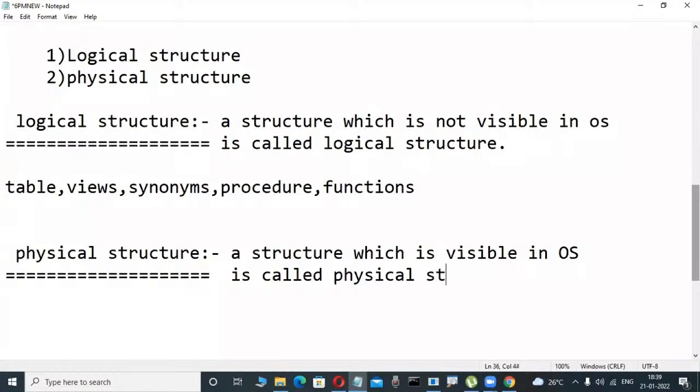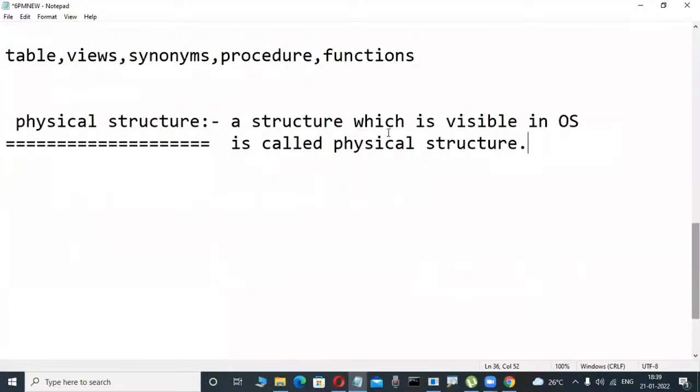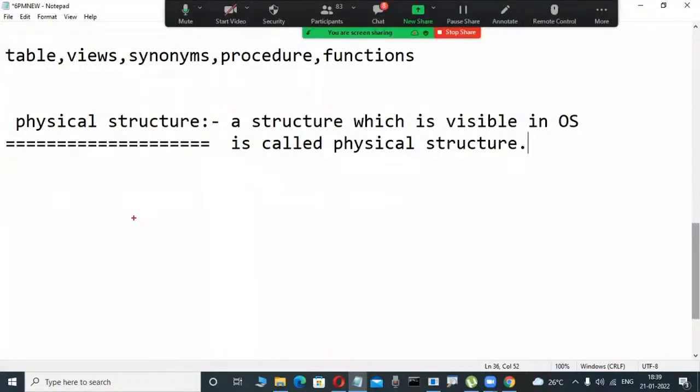Who are the persons working in this physical structure? It's a big concept. I'm telling only the definition side, because today I will tell you which definition of database is correct. A structure which is visible in the operating system is called physical structure. Suppose I am installing software, some physical files are created on a disk. Suppose PowerPoint, MS Access, Word, anything we load, physical files are created.